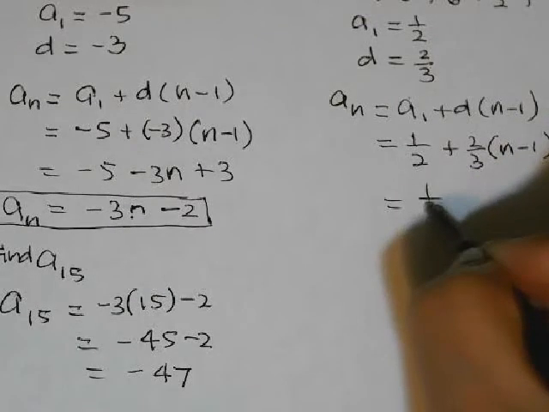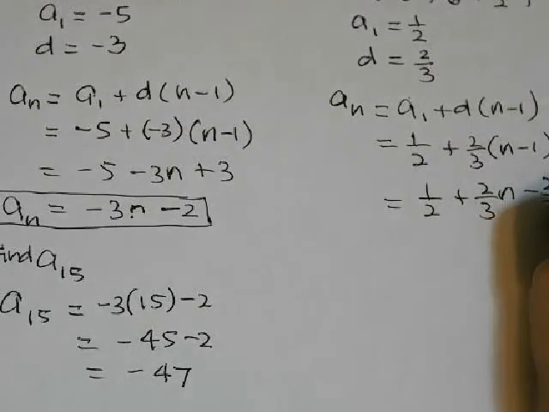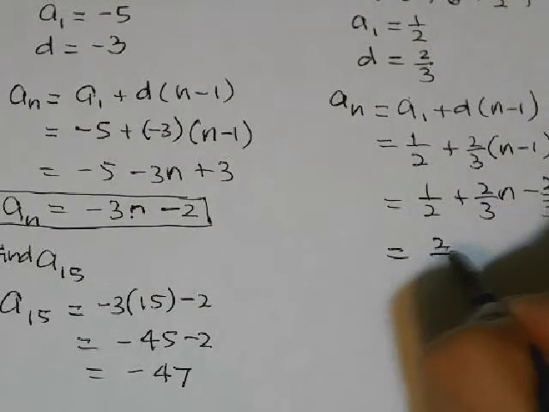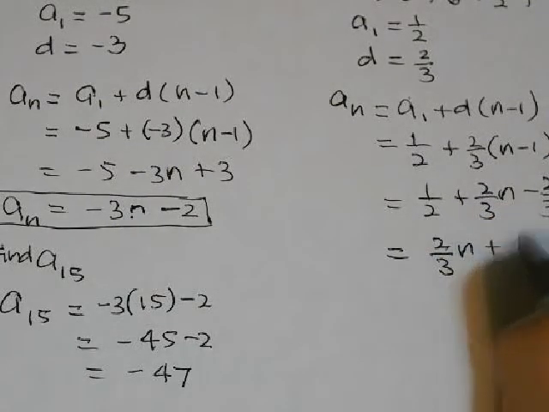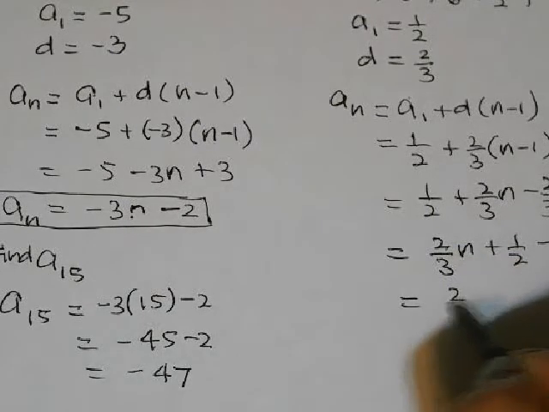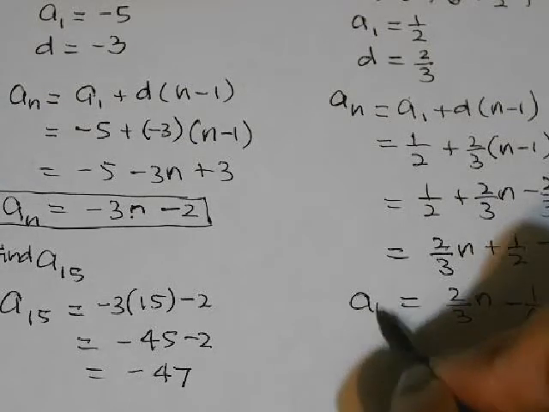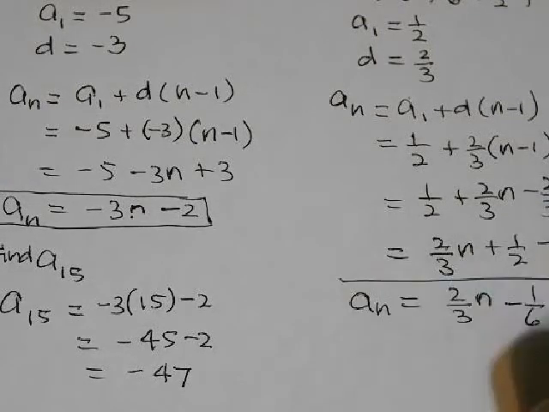So that will be 1/2 plus 2/3 n minus 2/3. I hope you solved that. That's 2/3 n, and 1/2 minus 2/3, combine these two, is equal to negative 1/6.